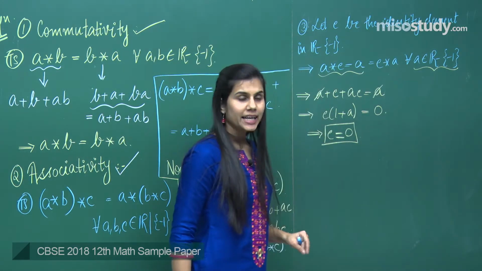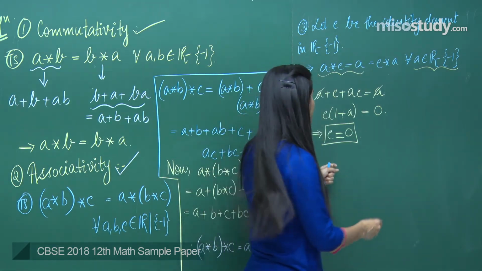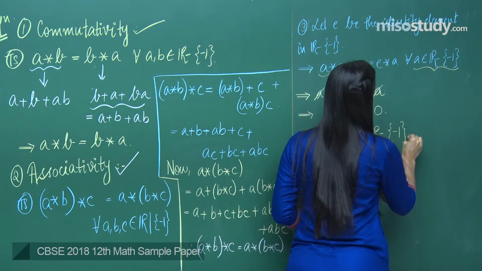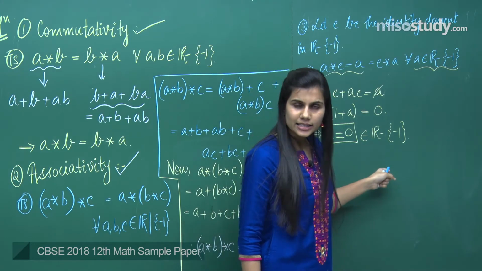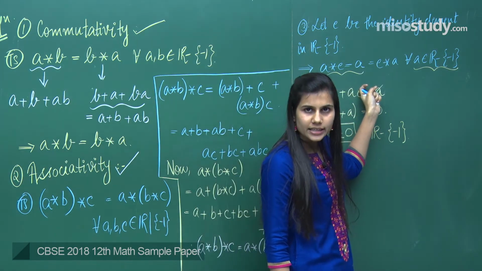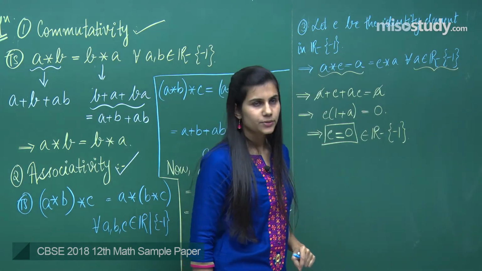And so we obtain that 0 is the identity element, and 0 is very much sitting inside R minus 1. So I have obtained an element inside the set which on being operated with any element does not change its identity, and therefore E equals 0 is my identity element.